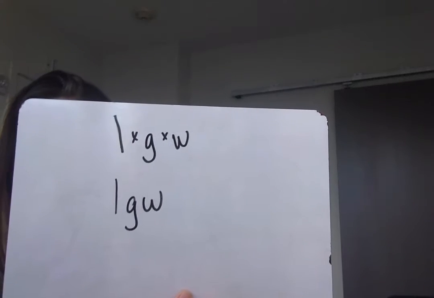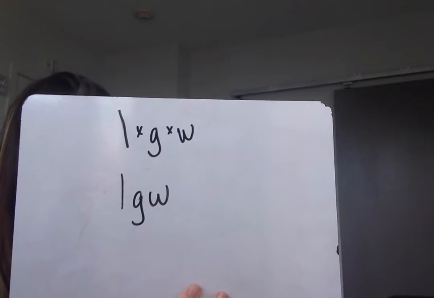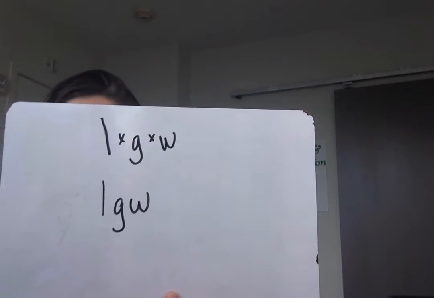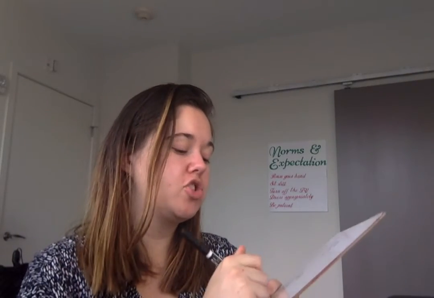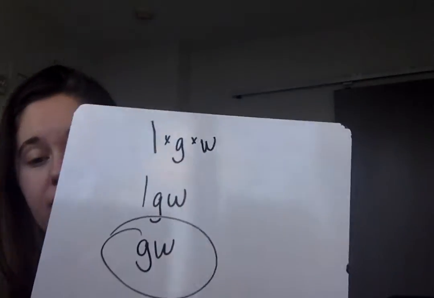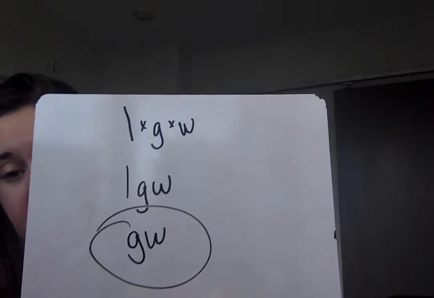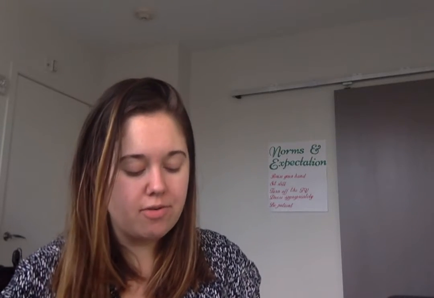Any number times 1 is equal to that number. So therefore, we don't always need to write the 1, because 1 times GW would just be GW. And so our most simple way of writing this is just GW. Okay? That 1 does not change the value of anything, so we don't have to write it.